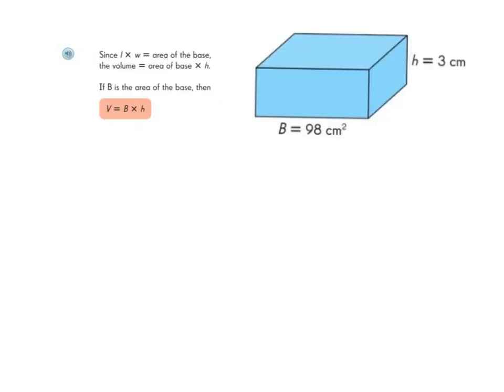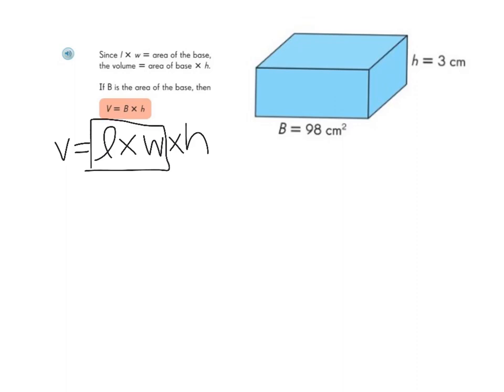So if we take a look at our volume formula again, remember, it was length times width times height. If we look at our length times width for a second, we think back to when we were finding the area of a rectangle, we multiply the length times the width.